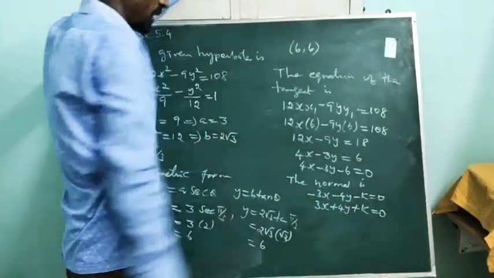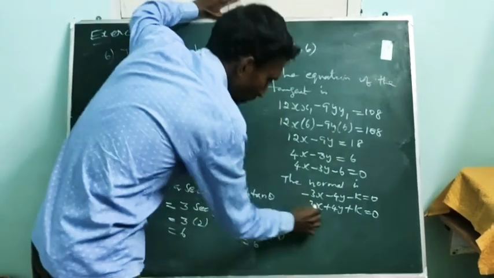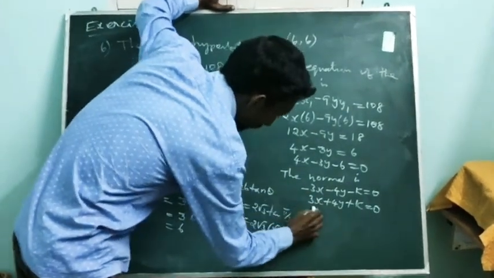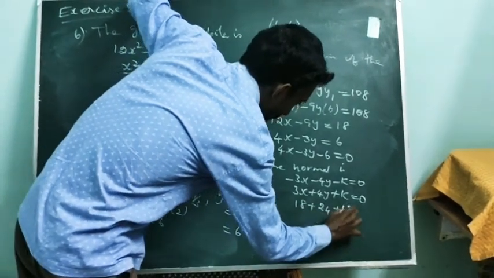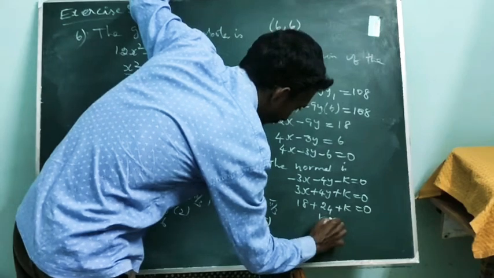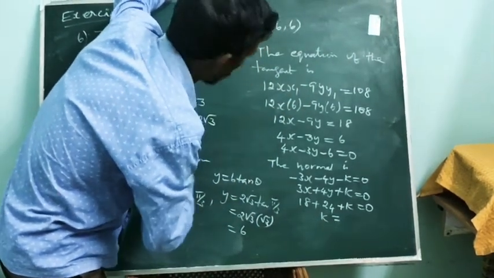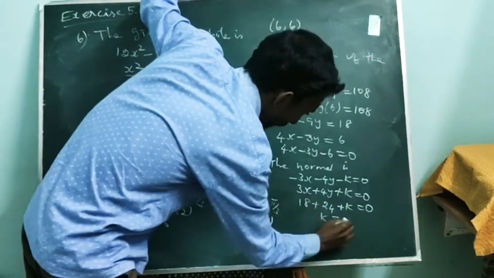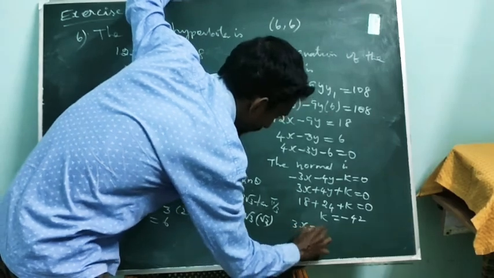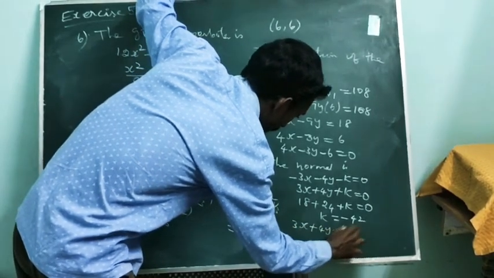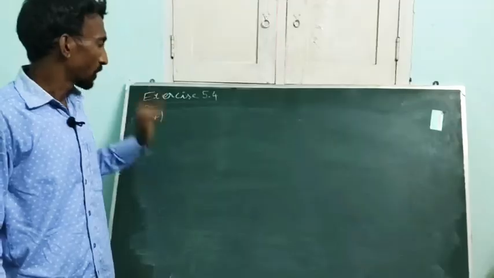It passes through the point 6 comma 6, so put x equal to 6, y equal to 6. So 3 sixes are 18 plus 24 plus k equal to 0. So k equal to minus 42. So the normal is 3x plus 4y minus 42 equal to 0. That is the normal.